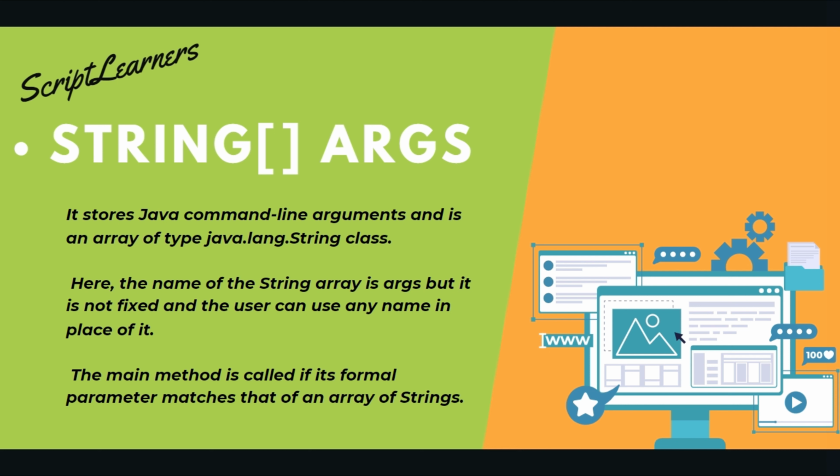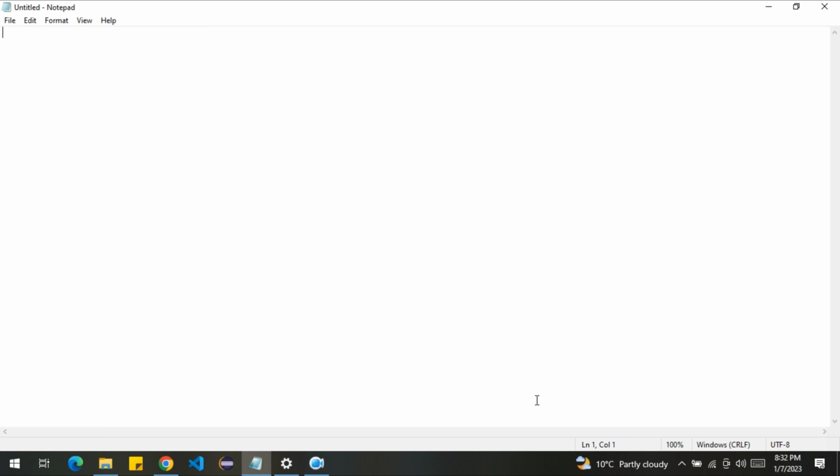Now let's discuss this with an example. Here I'll be creating a Java class and I'll be showing you how exactly command line arguments work by executing this program inside our command prompt. So let me create a class. Let me zoom it a little bit.